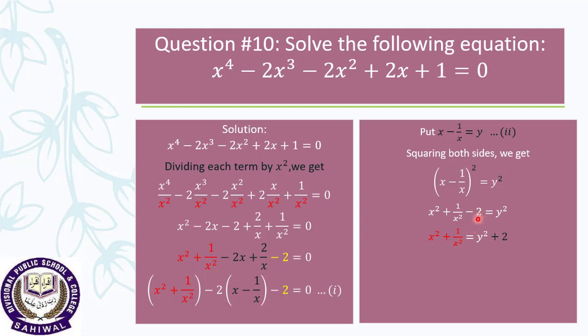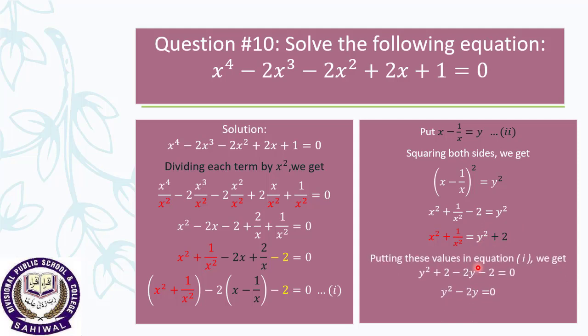Taking the constant term from the left hand side to the right hand side, we get x square plus 1 over x square equal to y square plus 2. So, x square plus 1 over x square in equation 1 can be replaced by y square plus 2.